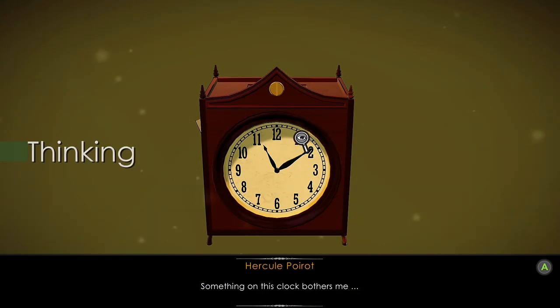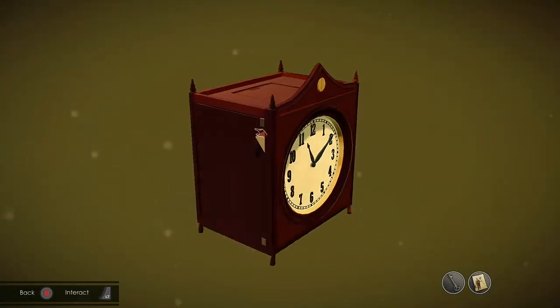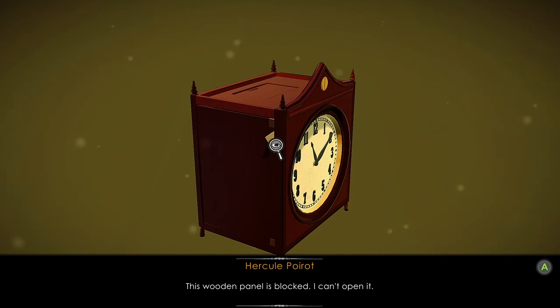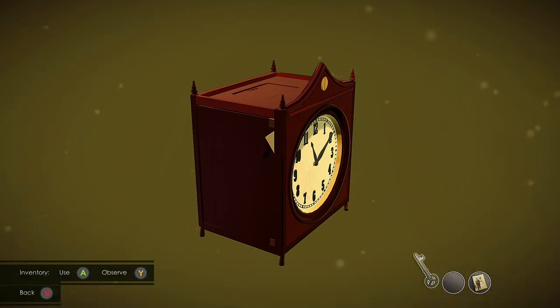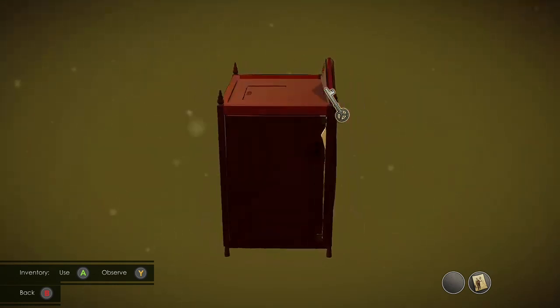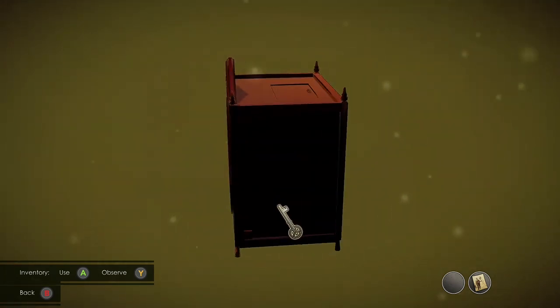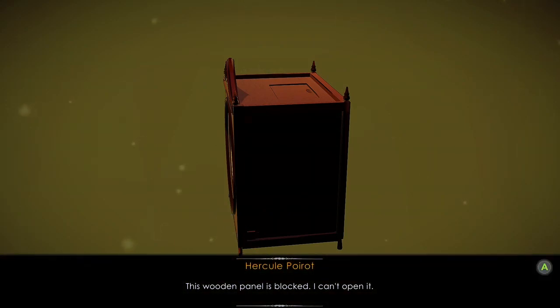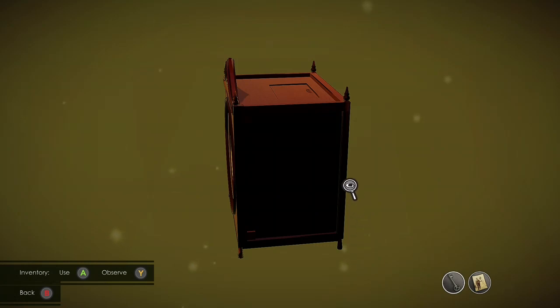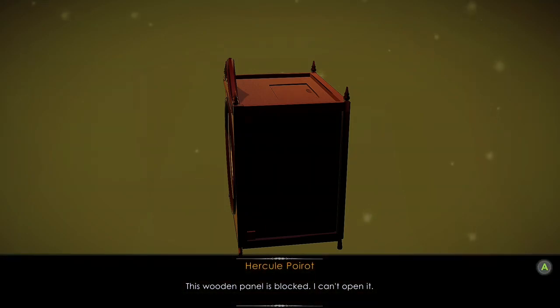Something on this clock bothers me. Awesome. This wooden panel is blocked. Oh, yes, I know. Shut up.